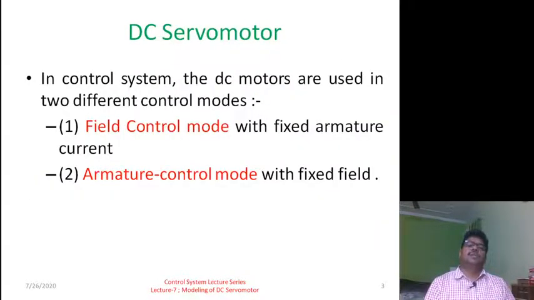So for controlling, a DC servo motor can be used in two modes. First one is a field control mode with a fixed armature current. Second one is an armature control mode with a fixed field current.